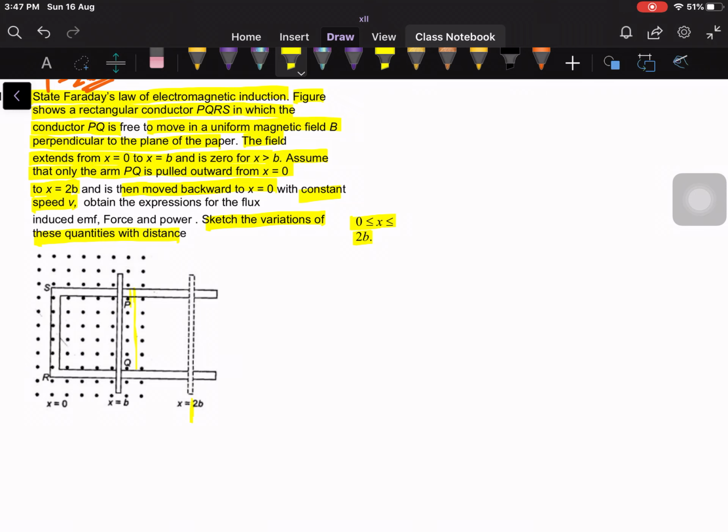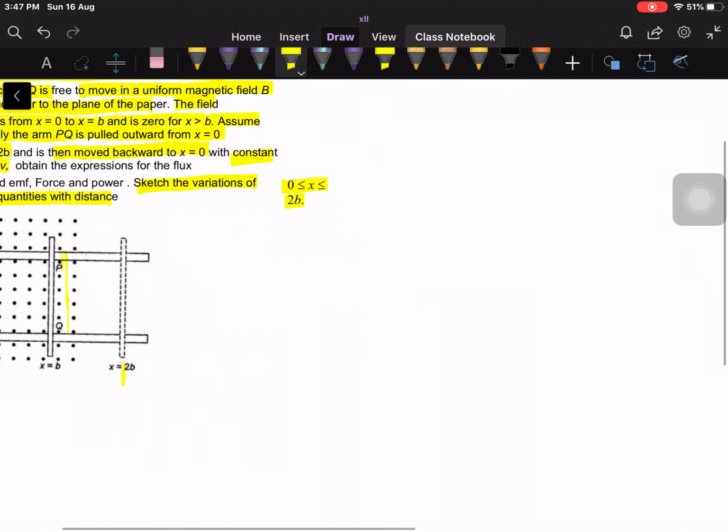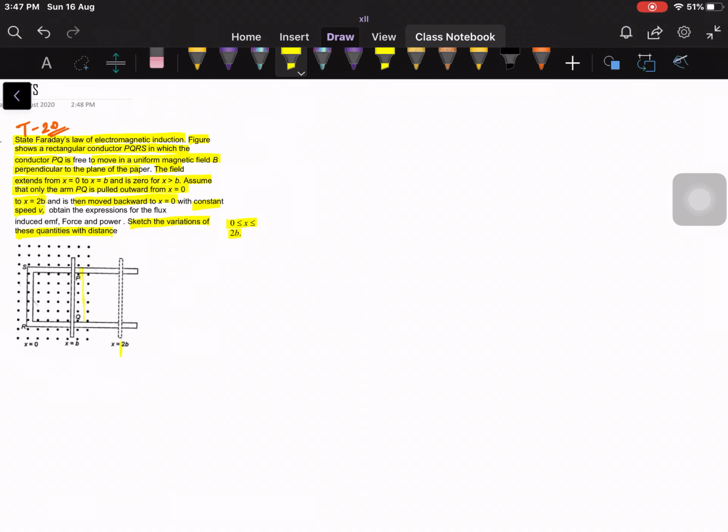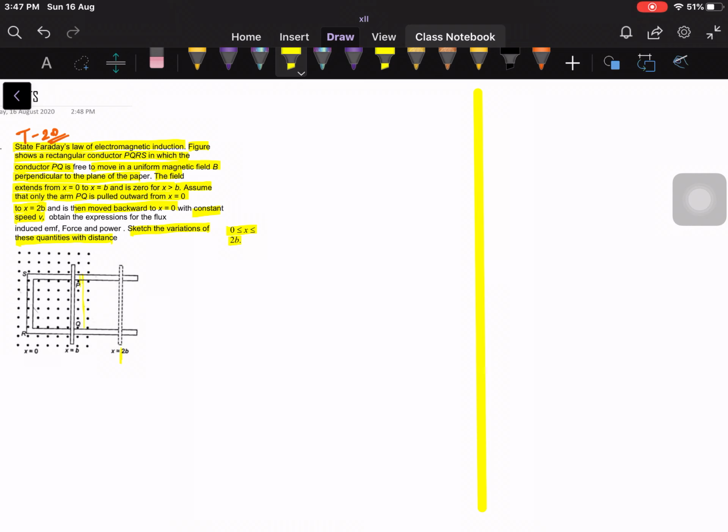So let's see. I am going to make two columns, and as per those two columns we are going to solve this. Let's see what those two columns are. This is my first one. This column represents x less than or equal to b, and this column represents x greater than b and less than or equal to 2b.